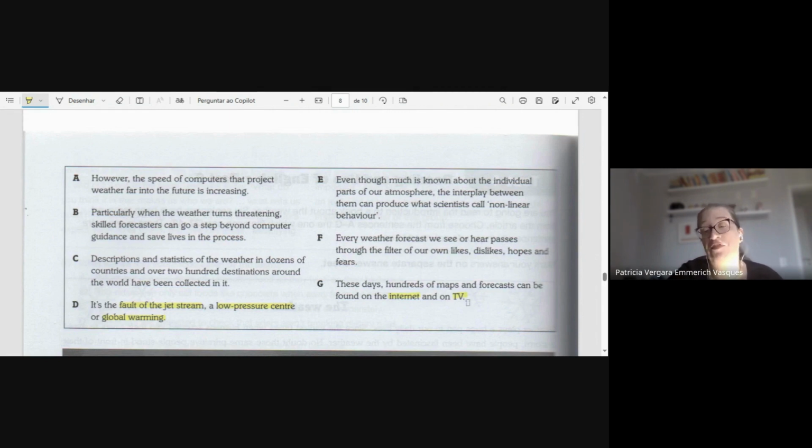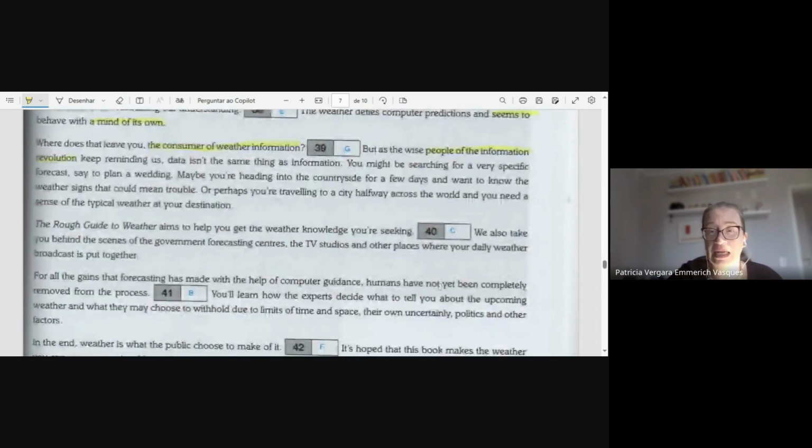So we can find this information on the internet. So that's what they are saying here. The consumer of weather information. Where can we find this? Internet, TV, and so on, right?